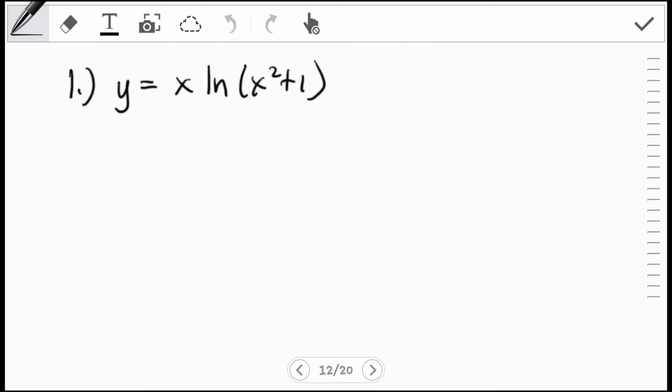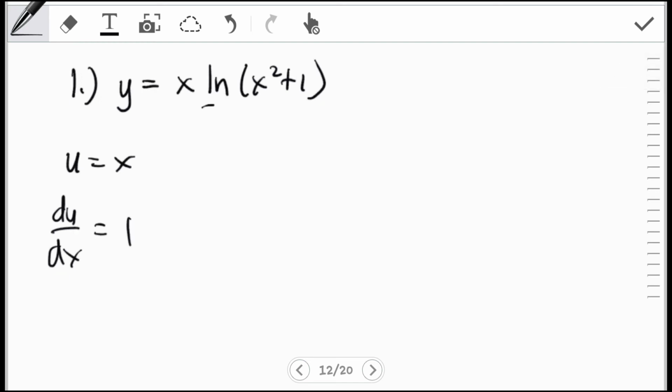Okay, so next problem. What is the first derivative of y equals x ln of the quantity x squared plus 1? So let u be x, du over dx is 1. Then v is ln of the quantity x squared plus 1.